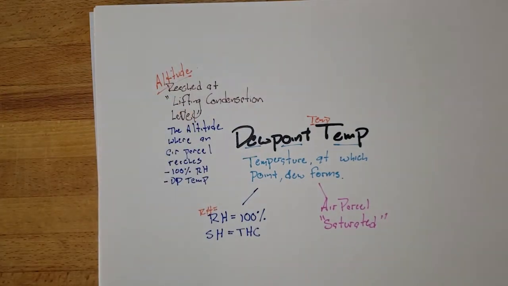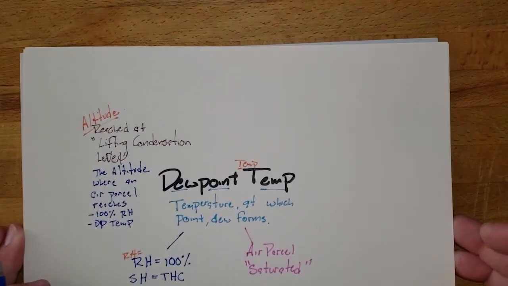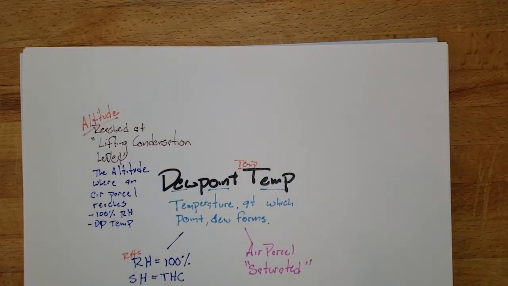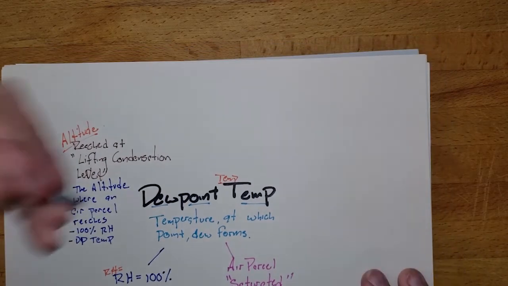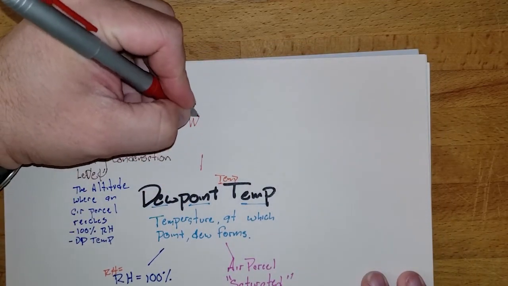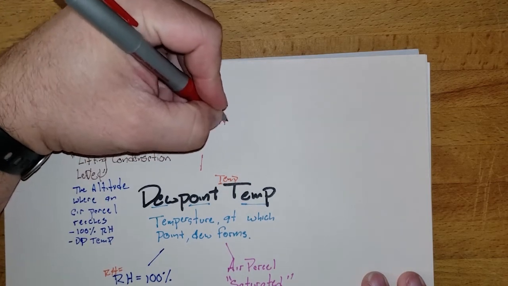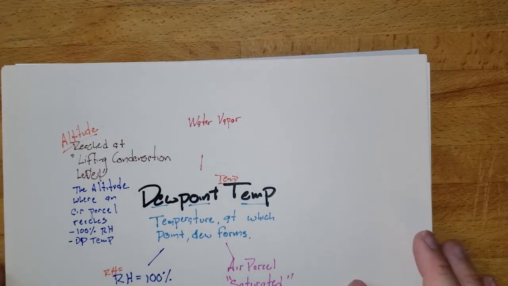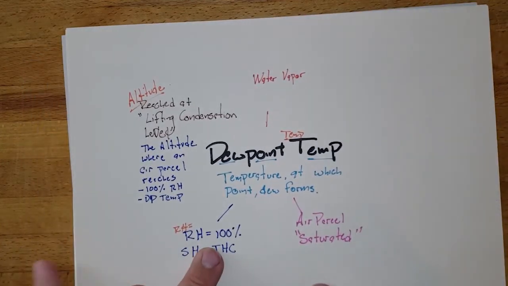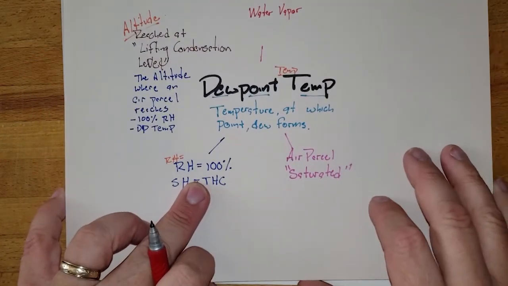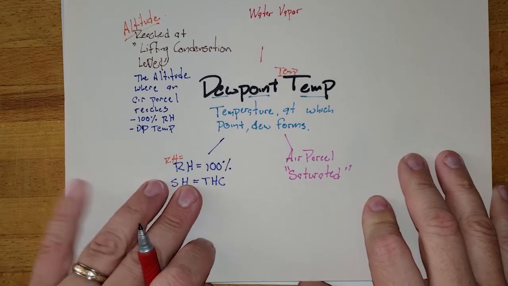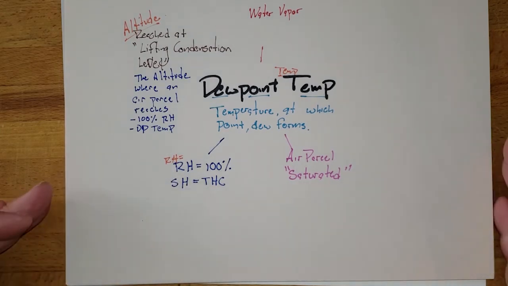Now, at this spot, there are a few other things taking place that we can actually see. Some visible things that are going to be happening. Another one is that water vapor begins to change phase. The air parcel isn't able to hold that moisture anymore. It's already reached its 100% relative humidity, and because of that, it can't hold any more water vapor.